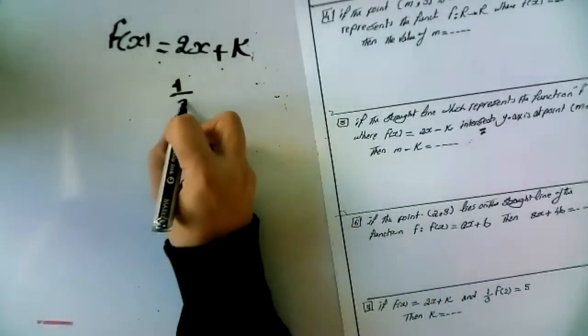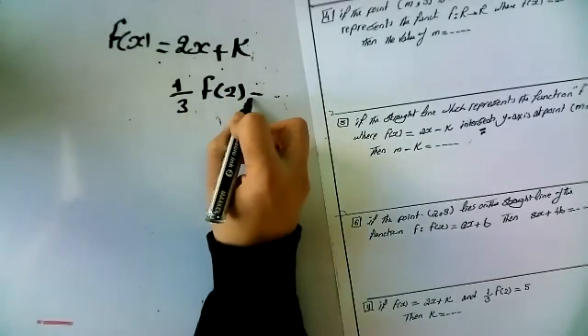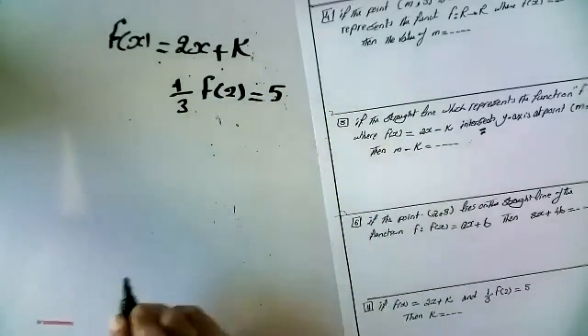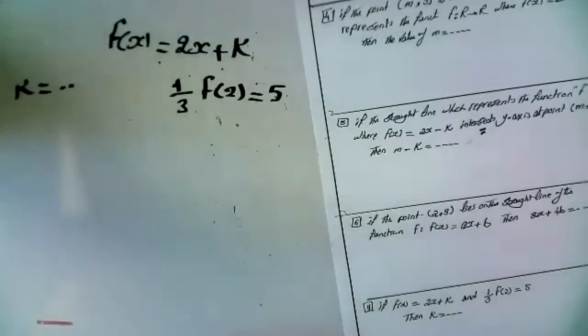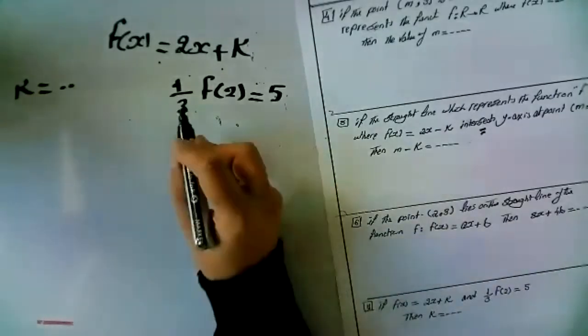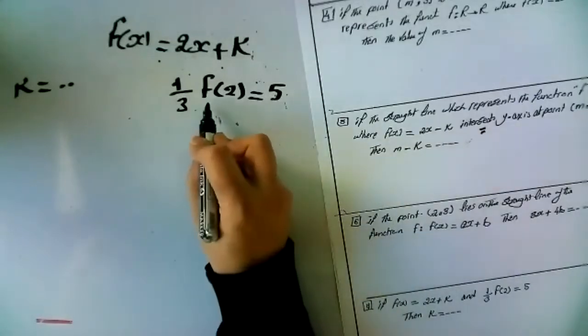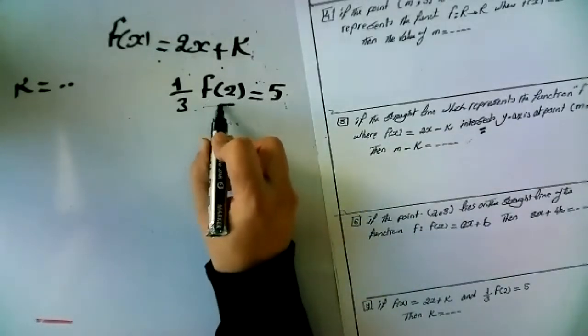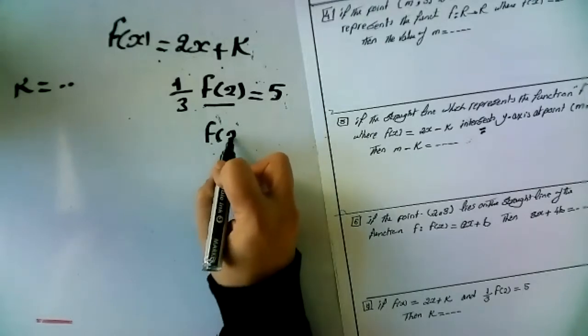Third of f of 2 equals 5, and we want to get the value of k. We will first get the value of f of 2.